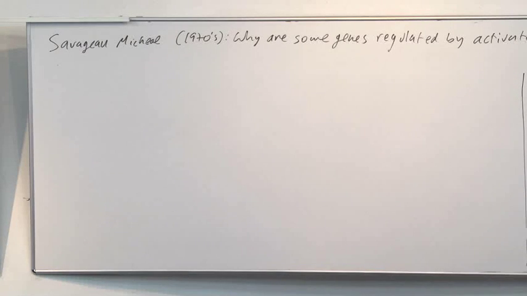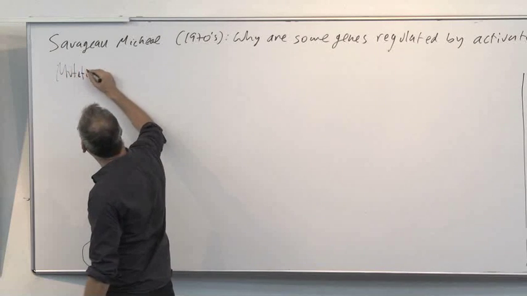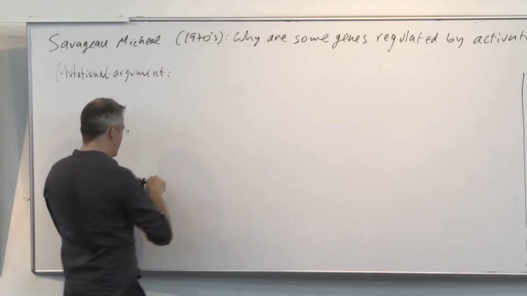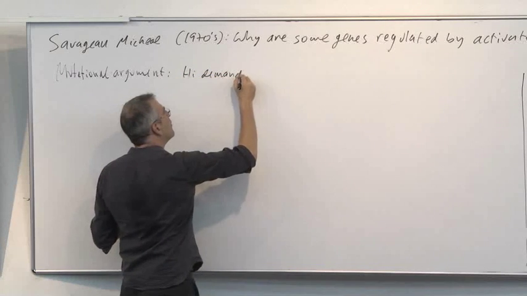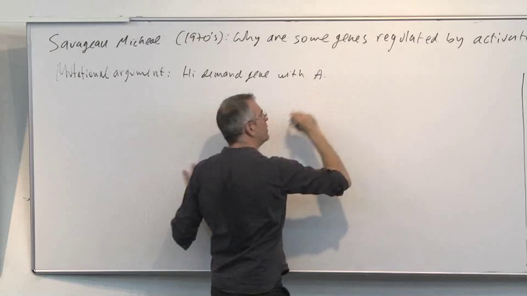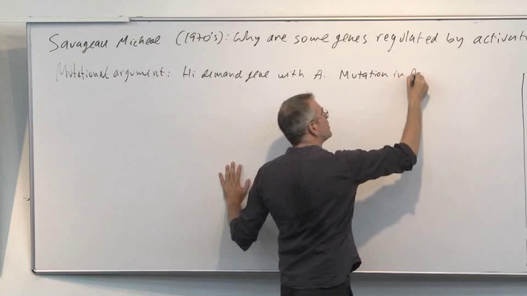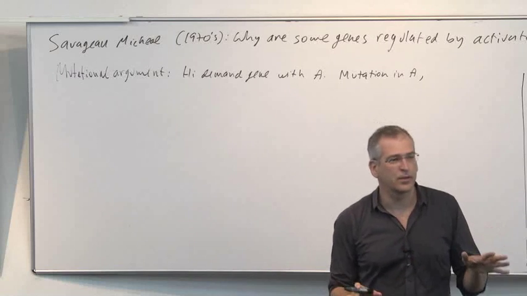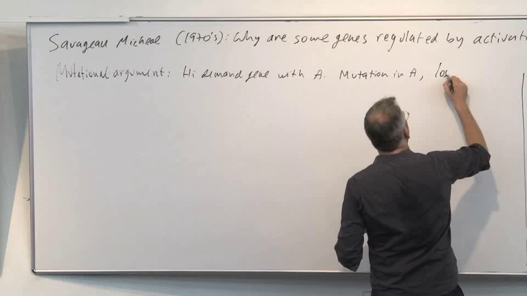So Savageau made an argument that is kind of a mutational argument. He said something like this. Suppose you have a high demand gene with an activator. Now, if there's a mutation in the activator, most mutations cause loss of function. You lose the activator.